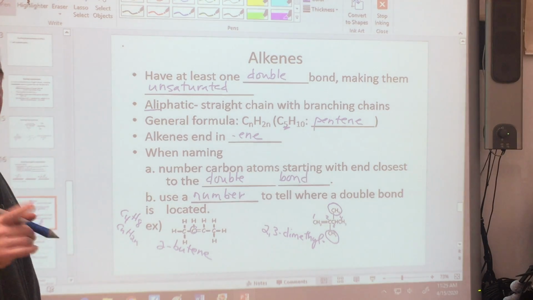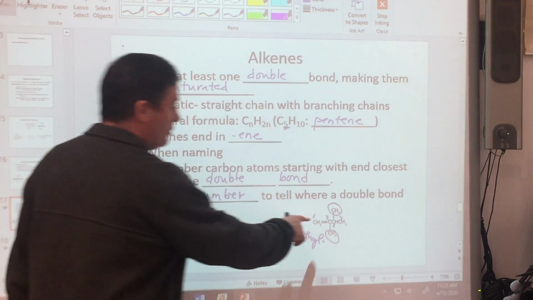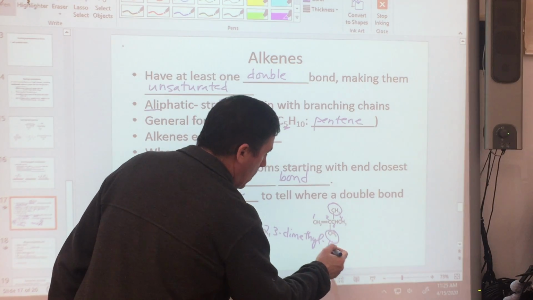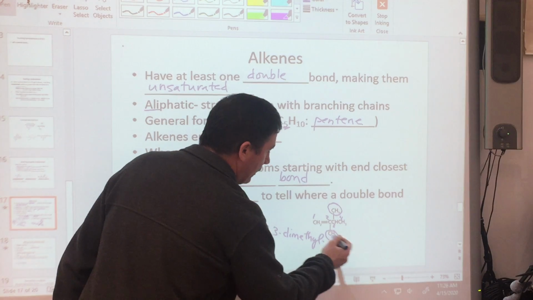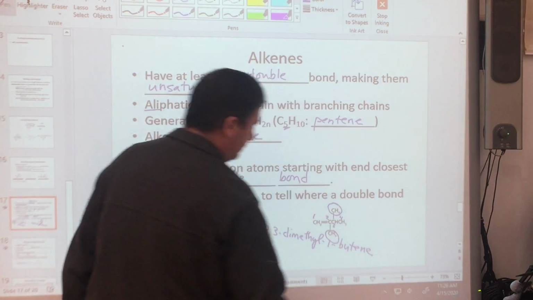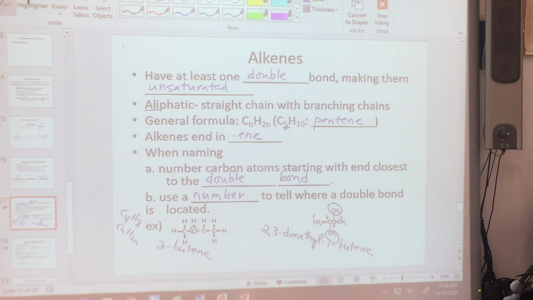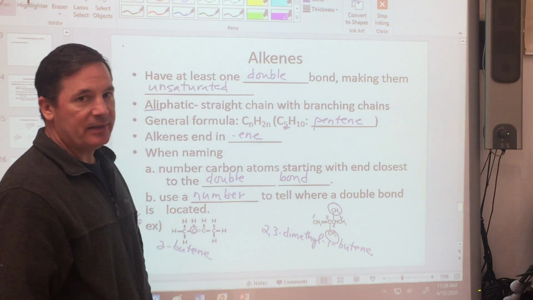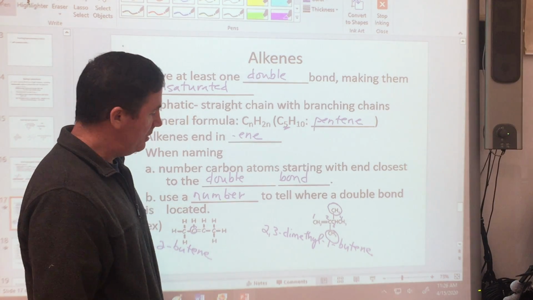But now I have to name the double bond. And that is 1. My longest chain is 4. So 2,3-dimethyl 1-butene. Now to make this a little bit more complicated, it's not my fault, it's just how they did it.